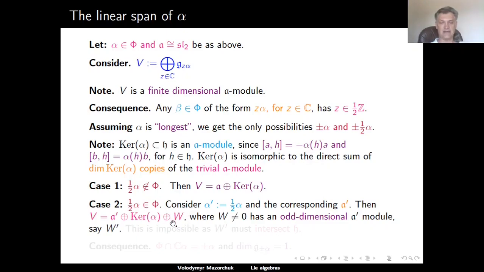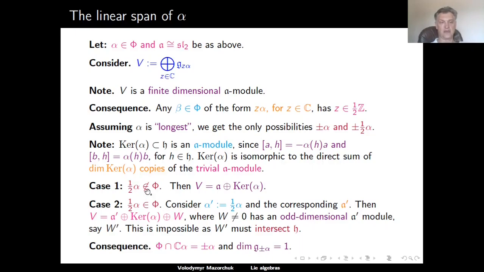But then this submodule must also have a weight subspace of weight 0. But this is a contradiction because the 0 weight space coincides with the Cartan and it is completely covered by the previous 2 summands. So this leads to a contradiction, and this means that case 2 cannot occur.